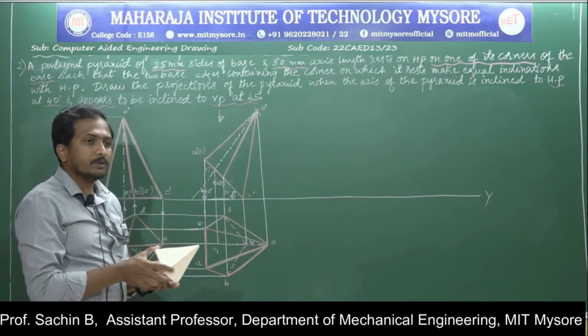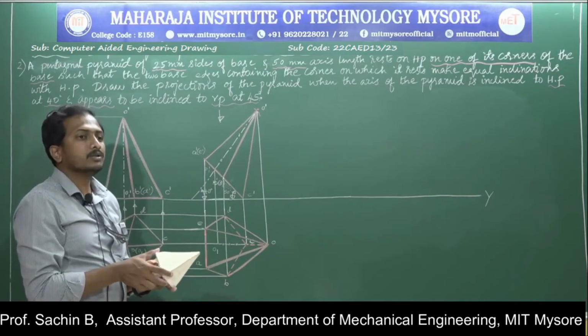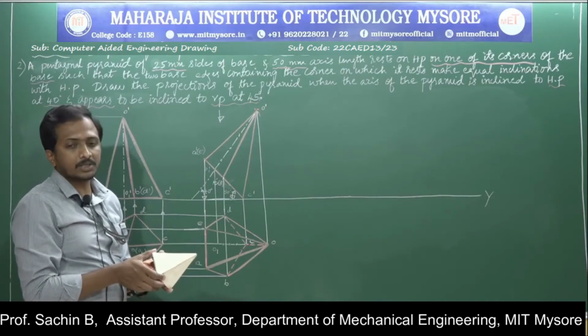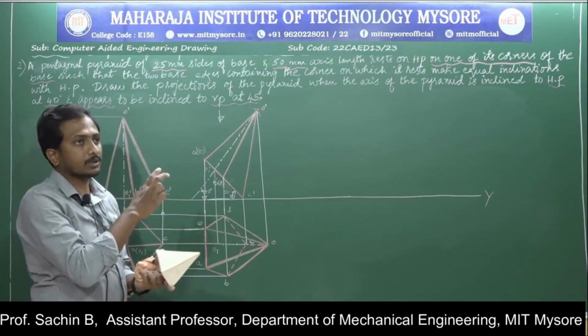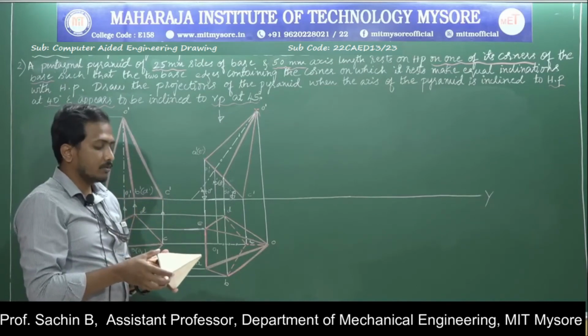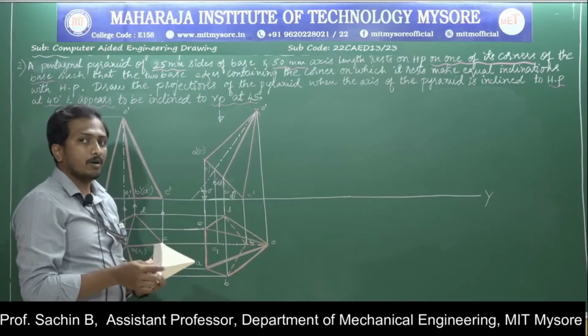This problem purely belongs to axis condition, but in the problem they have given appears to be inclined, which means the true length of the axis changes from the first position to the second position, but in the last position the true length is going to change, but they have already given the apparent inclination of the object.